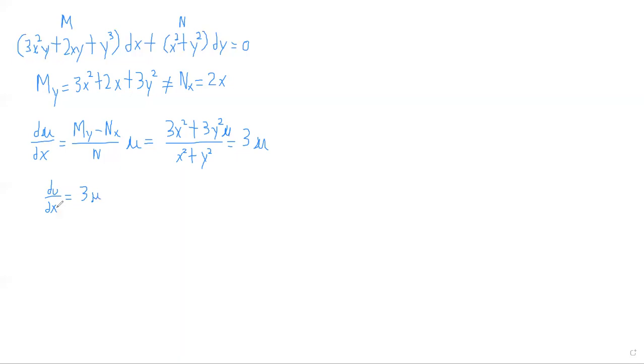This is a separable differential equation. So let's move all the variables to one side. d mu over 3 mu is dx. Sorry guys, I'm a little out of it right now.